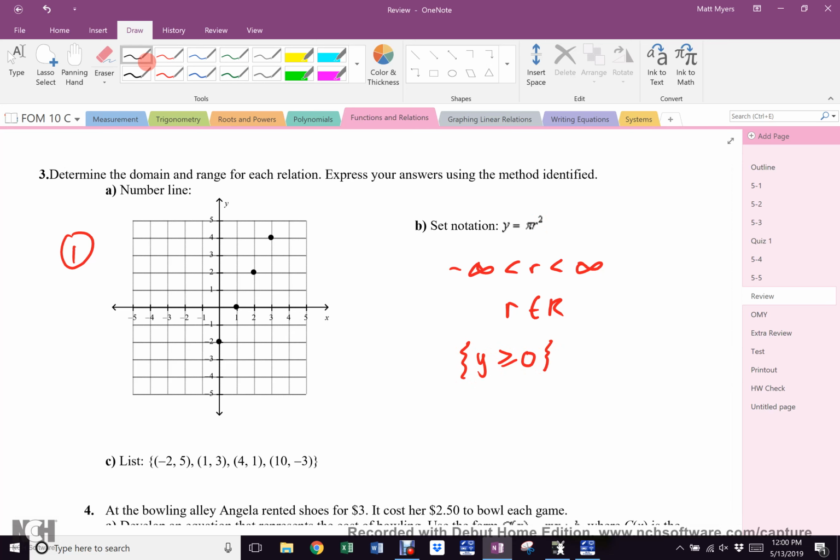Or we could have 0 less than or equal to y, less than infinity. I'm sorry, other way around.